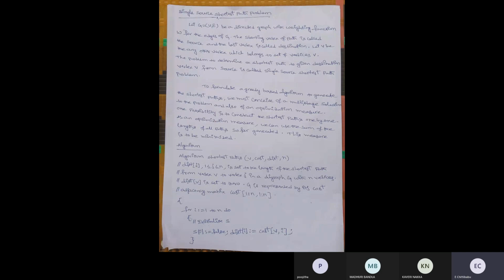Next, let us see the flow of the algorithm. This is algorithm ShortestPath(v, cost, distance, n). Next, the for loop for i equal to 1 to n: s of i equal to false, distance of i equal to cost of v comma i.